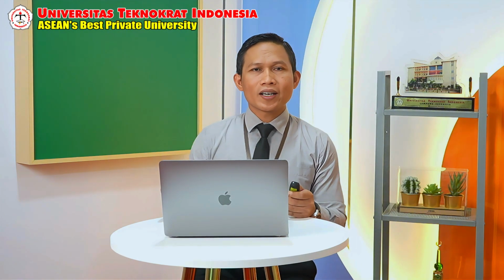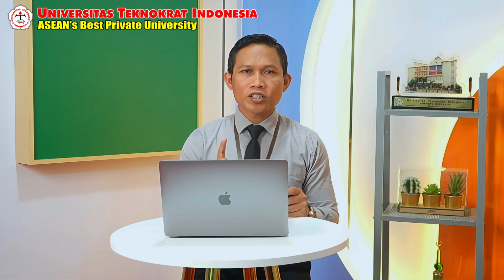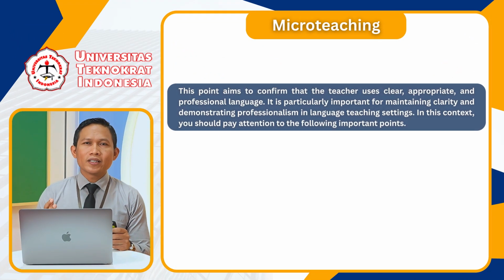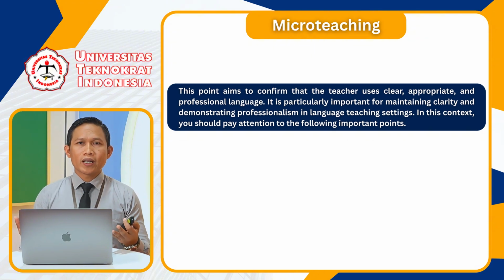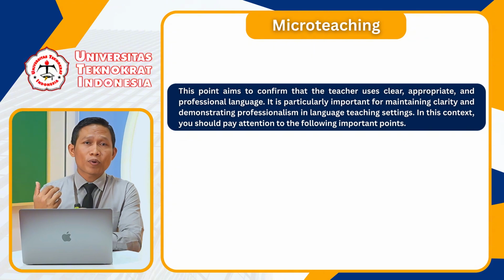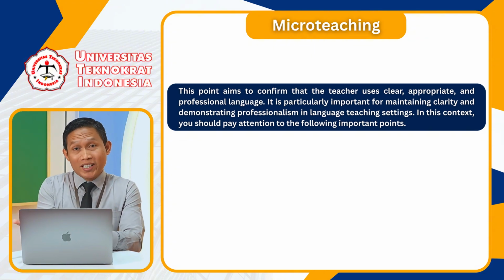Now, let's start discussing number one, using good and correct spoken and written language. This point is designed to ensure that the teacher uses effective and proper language. It is also to see clarity and professionalism, especially in the context of language teaching.